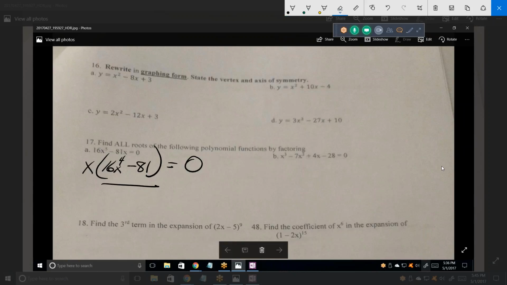However, I really haven't finished fully factoring it. Notice what I have on the right is difference of perfect squares. How's that factor? I have 4x squared minus 9 and 4x squared plus 9. Now, I again have difference of perfect squares. Factor that again.